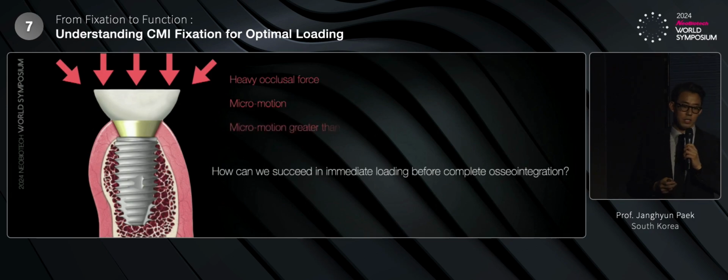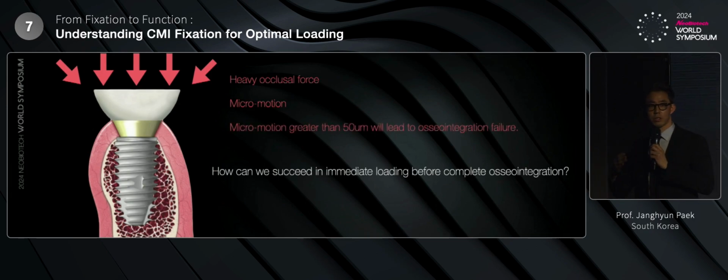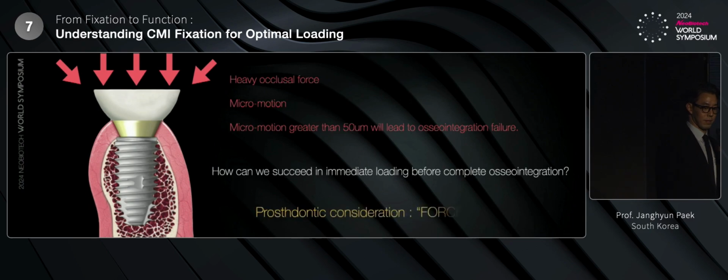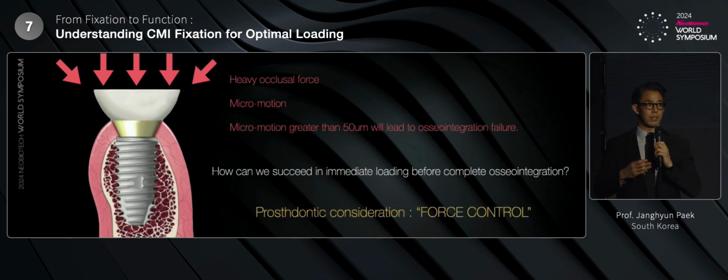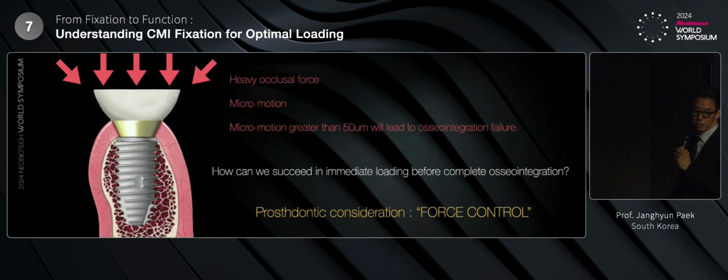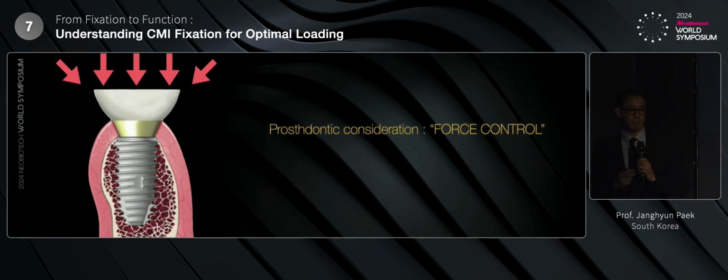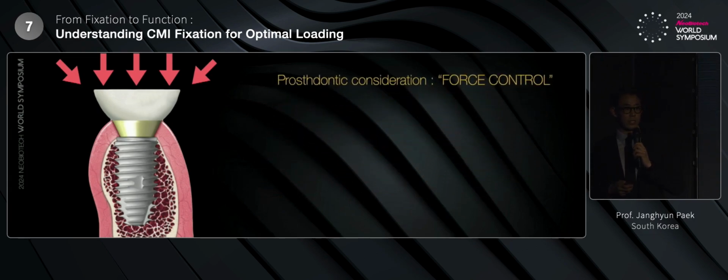And from the literature, we all know that micromotion greater than 50 micron will lead to failure of osseointegration. So we have to control the forces. We have to consider this prosthetically. How do we control the forces?